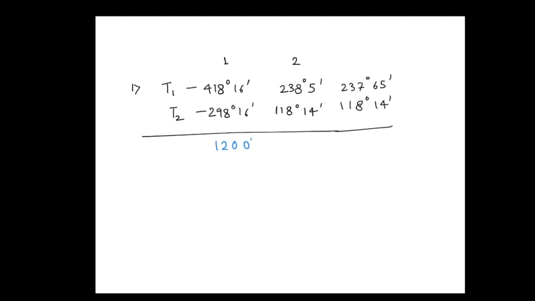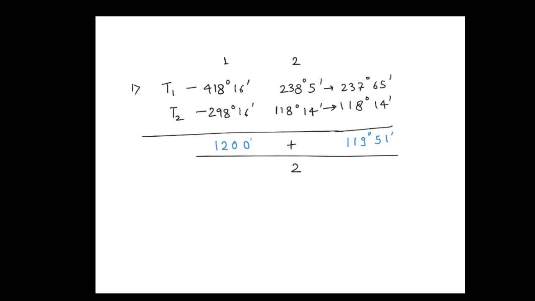Now let us calculate. So 1, 5, and this will be 9, and 119 degrees 51 minutes. So now in order to calculate the mean A from this set, this plus this divided by 2. So let us calculate.